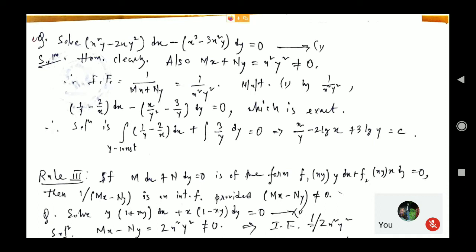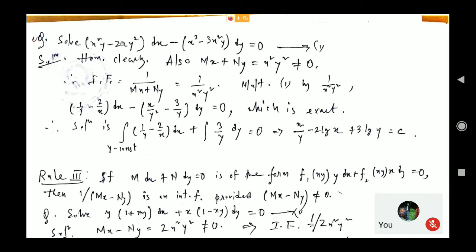Here this condition will not be satisfied, so we need to go for some other methods. Also, by inspection it may not be possible to put it into a convenient form, that is, we cannot make it exact by the formulas we had listed earlier. So here we have to go for the next method.